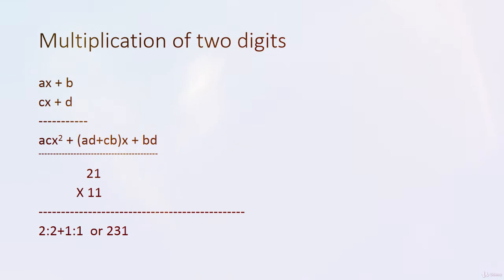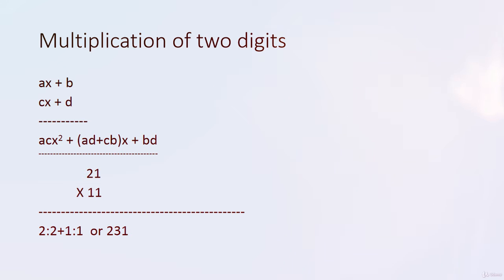Suppose we want to multiply 21 by 11. The answer part will have 3 digits: one will be the left hand side digit, one will be the right hand side digit, and one will be the middle digit. For calculating the left hand side digit, we do vertical multiplication of left hand side digits. 2 multiplied by 1 is 2. The right hand side digit of the answer is again the vertical multiplication of right hand side numbers, that is 1 multiplied by 1, so the right hand side digit is 1.